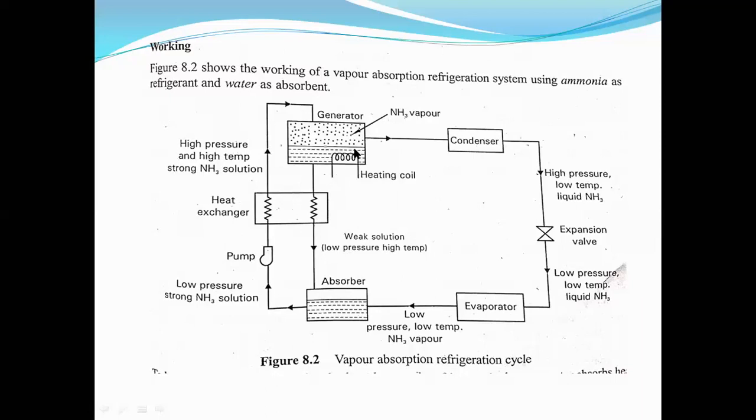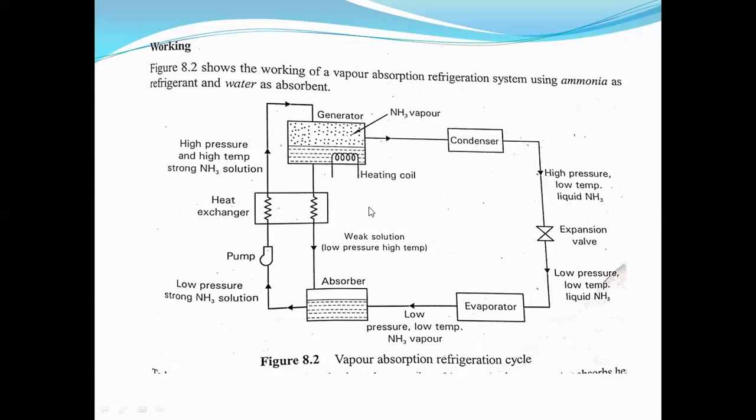Next, we have the condenser and expansion valve. Remember that the compressor in VCR is replaced by this unit, that is, the generator with heating coil, heat exchanger, and absorber. So this is the replacement in VAR.